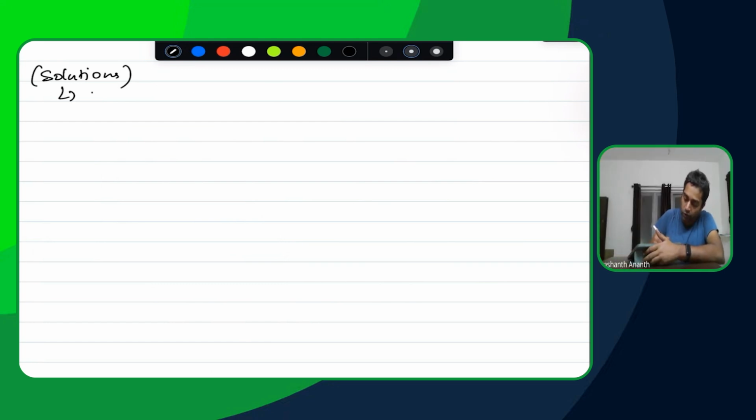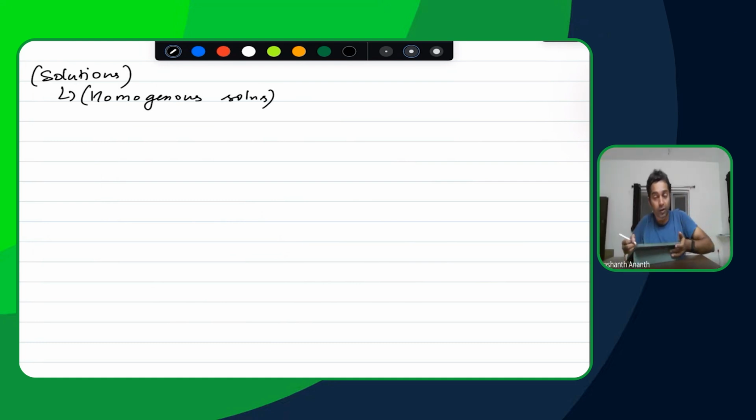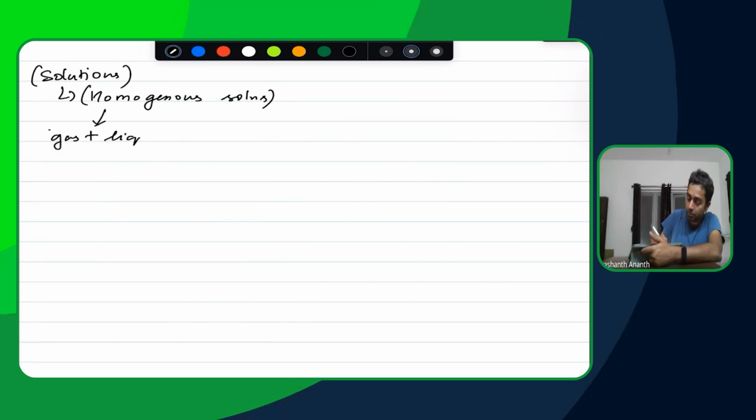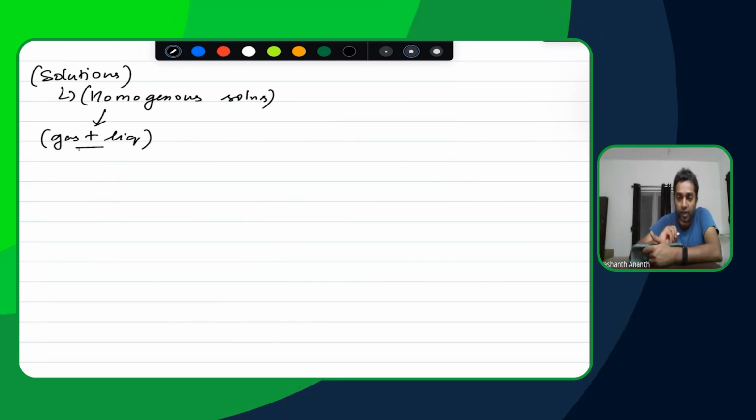When we talk about these homogeneous solutions, how can we break them down into different types? Let's break them down into types now. First off, what are we having here? Gas plus liquid. What is going to be the case there?